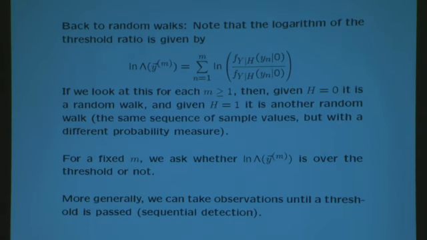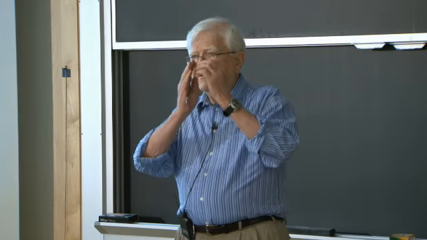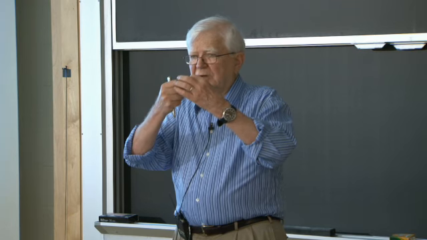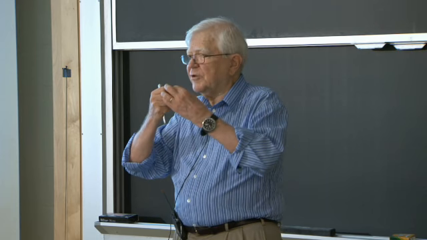Okay, let's go back to random walks just a little bit to see why we're doing what we're doing. The logarithm of the threshold ratio is the logarithm of this lambda of y. I'm taking m observations, I'm putting that in explicitly, so it is the sum from n equals 1 to m of the log of the individual ratio. In other words, under hypothesis 0, if I calculate the probability of vector y given h equals 0, I'm finding the probability of n things which are IID.